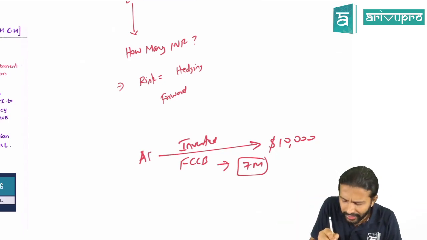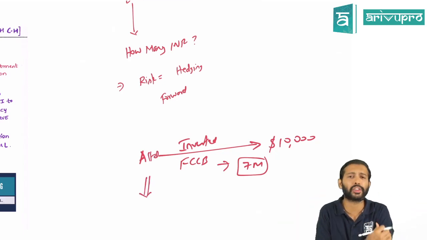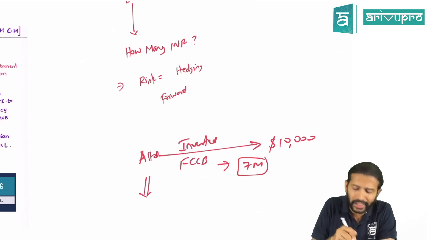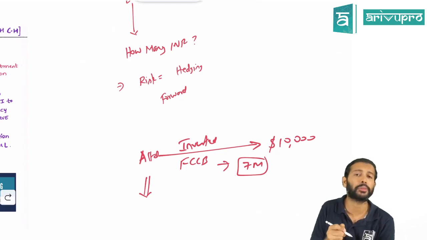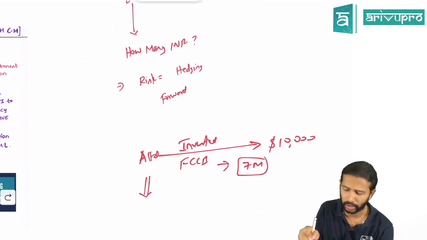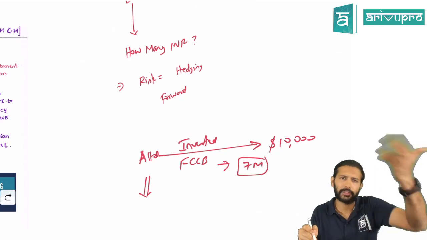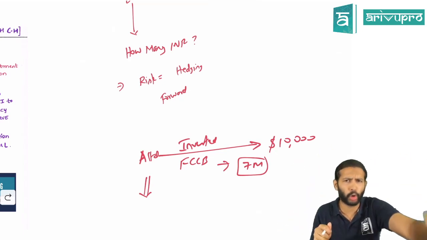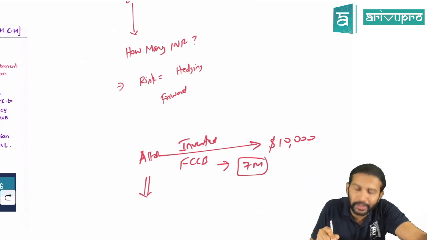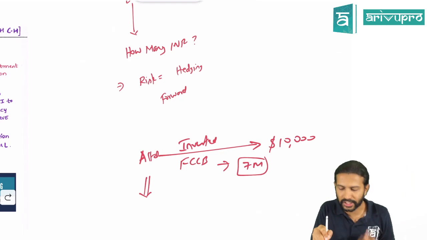Now A Limited again will have a little bit of an issue over here. What is that issue? How much money on these bonds A Limited will receive at the maturity or redemption date is questionable, because the transaction is in dollars. After 7 months, if the exchange rate is favorable, they may receive more money or they may face some loss also. So if A Limited is doing any activity to cover this risk, they're concerned about the value of the foreign currency bond.